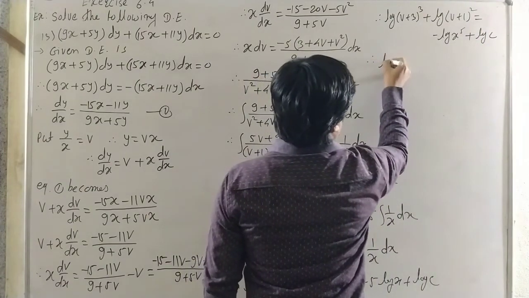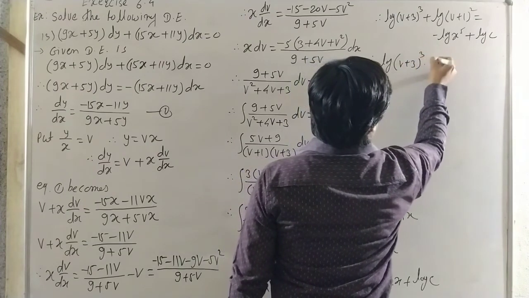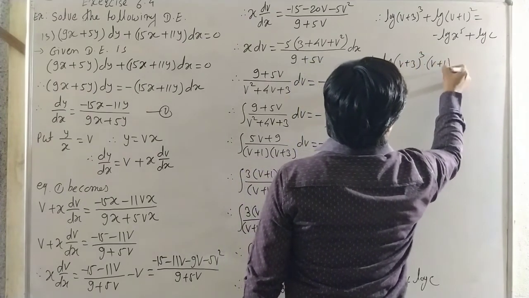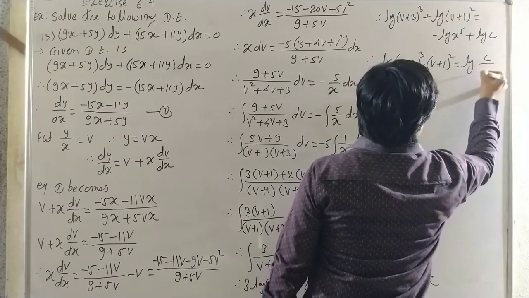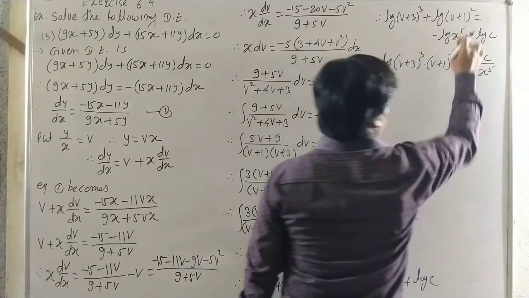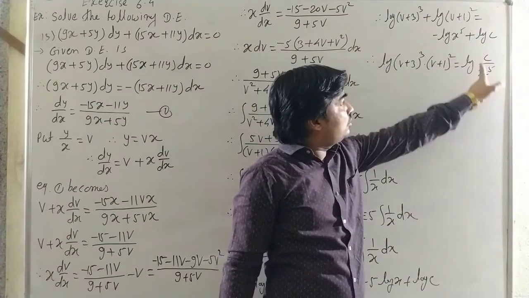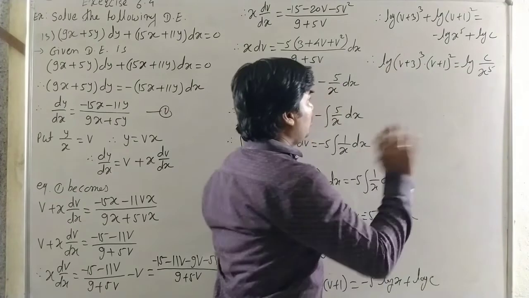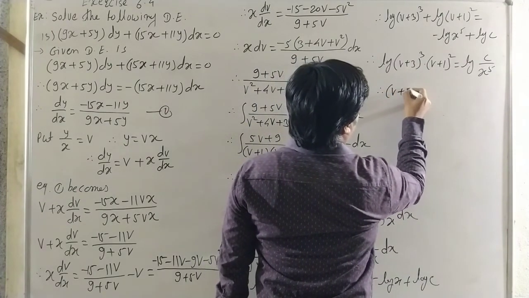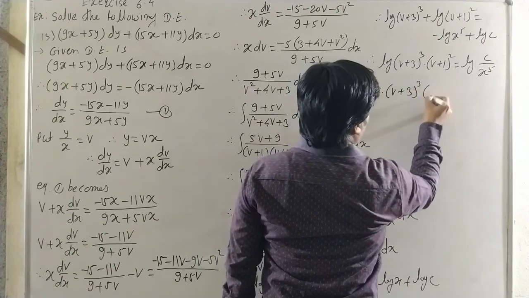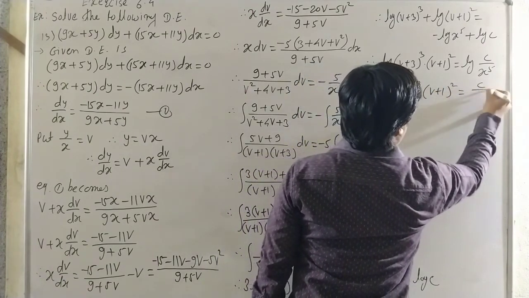Then log of φ + 3 cube into φ + 1 square is equal to log of c upon x to the power 5. Here x to the power 5 is a minus, so c upon x to the power 5. Removing log on both sides, we get φ + 3 cube φ + 1 square is equal to c upon x to the power 5.